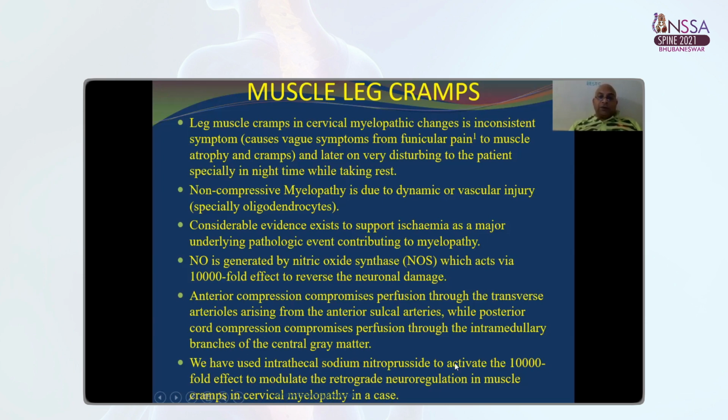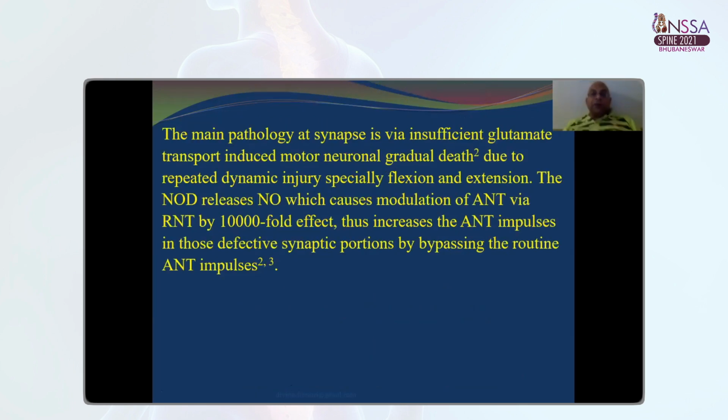We used intrathecal sodium nitroprusside to activate the 10,000-fold effect to modulate the retrograde neurotransmission in muscle cramps in cervical myelopathy. But this is just a single case. The main pathology is that the synapse, via insufficient glutamate transport, induces motor neuron death due to repeated dynamic injury, especially flexion extension.